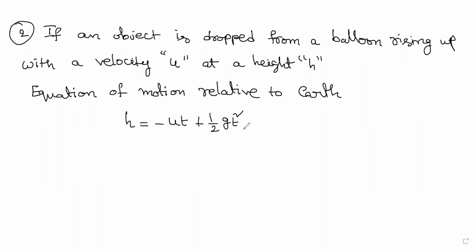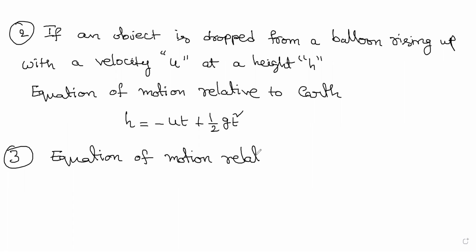So it's the same as projection from the top, just what we solved. Now the third one. Equation of motion relative to balloon. With respect to balloon, when you sit on the balloon, the object doesn't have any initial velocity. So h is equal to half gt square.